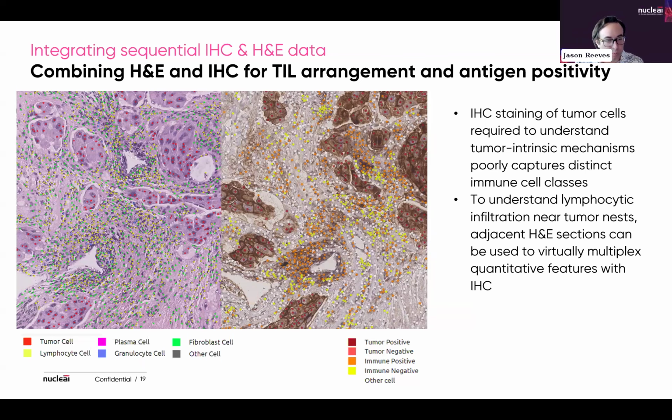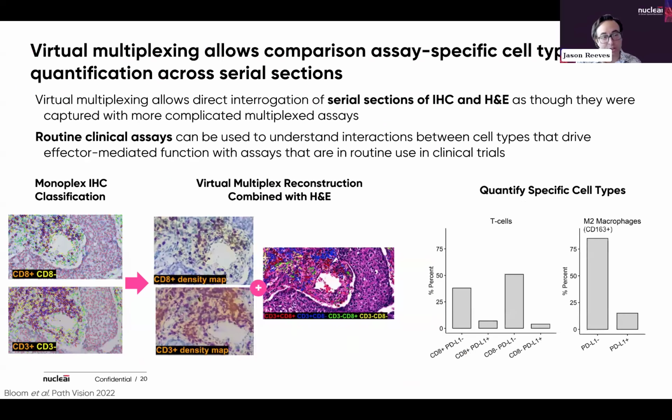And so we built a suite of tools that allows us to take monoplex assays or H&Es and co-register them together with accuracies of less than 10 microns across the slide, generally speaking, on average. Then we look at where these cells are localized, what type of density we see, and what very specific interactions might be happening.